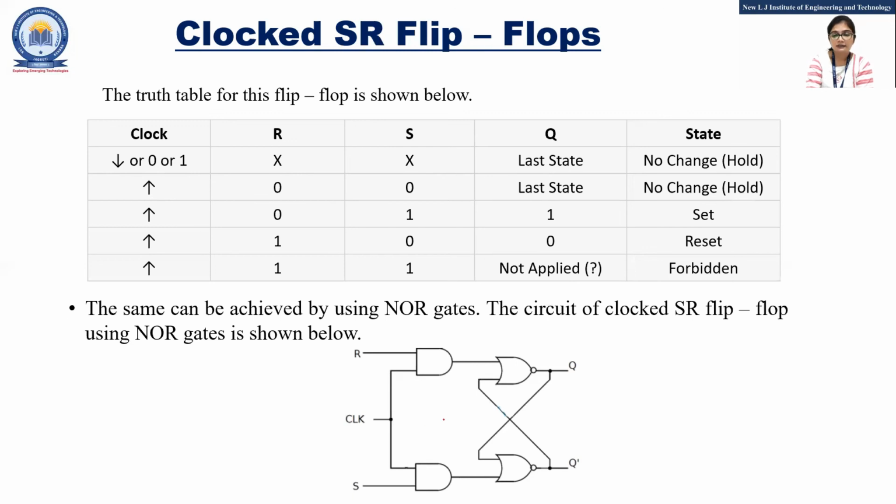Now we will see the function of this circuit. I have taken the truth table here. You can see in this truth table, there are three inputs, means the clock input, R input and S input. Clock, first case, this down arrow indicates negative edge trigger and the upper arrow indicates the positive trigger.